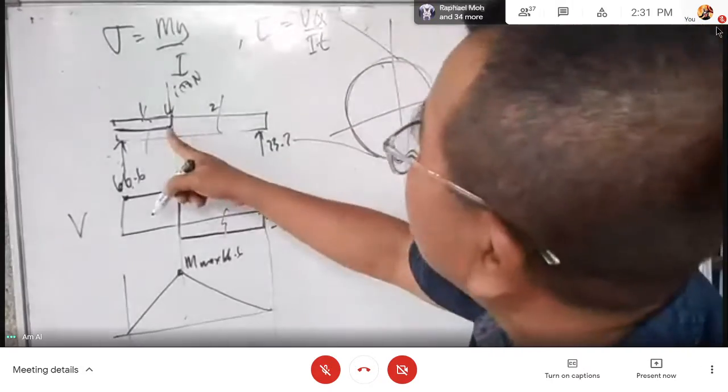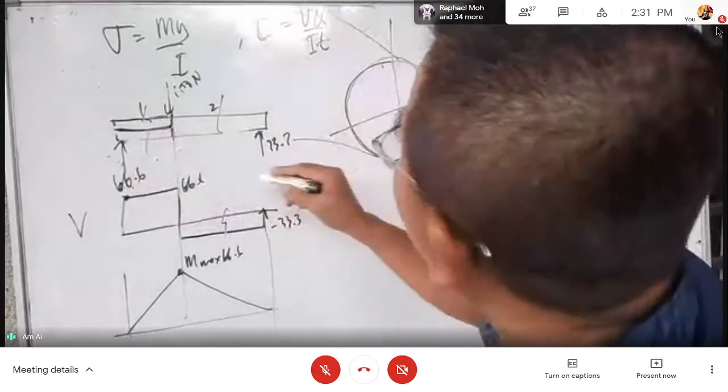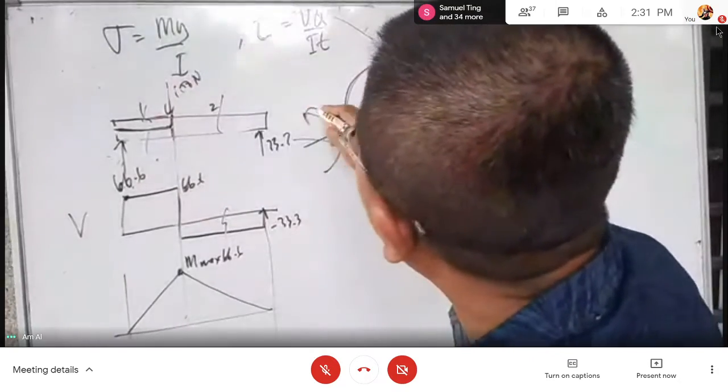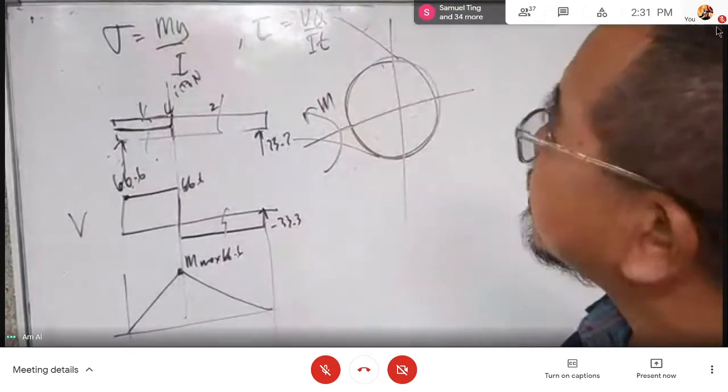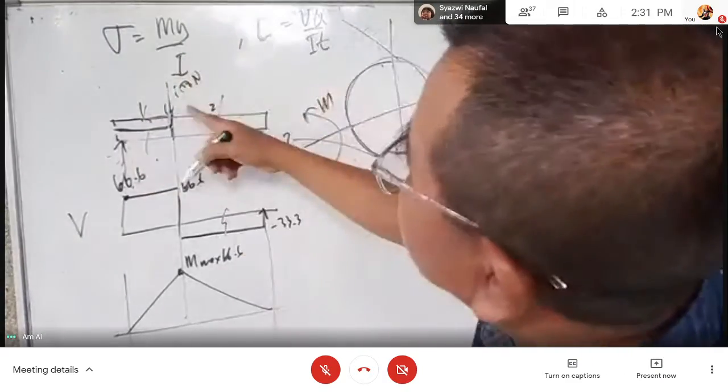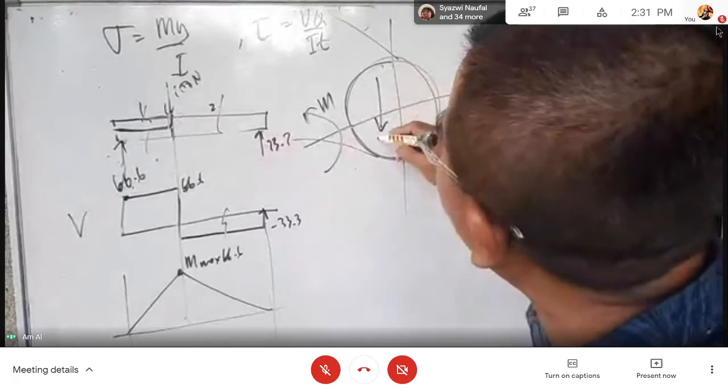There is a 66.6 Newton. There is a moment there, and there's also V up there and then V down here. V is going down there.